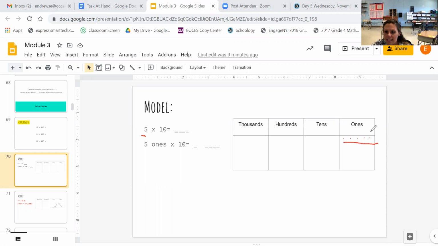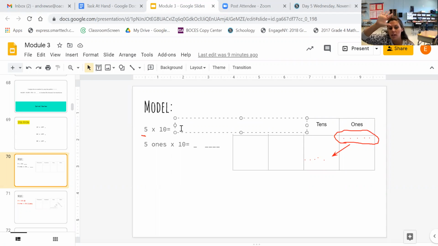I'm multiplying these 5 ones by 10, which means all of this is going to move one place value to the left, and therefore I have 1, 2, 3, 4, 5 tens. So my answer is 5 tens, 10, 20, 30, 40, 50 is 50.